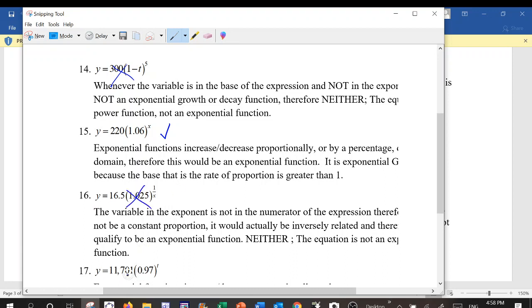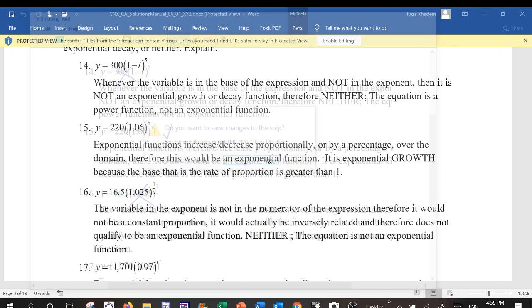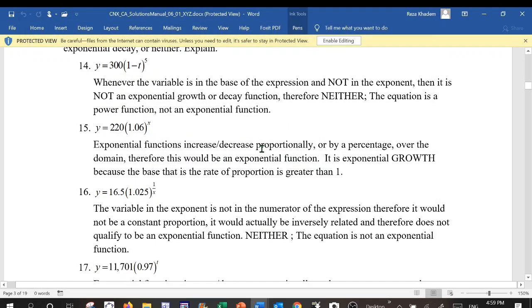Okay, and what about the last one? This one, yes it is, and it's exponential decay because this base is less than 1. So you start with this and keep multiplying by this number, and you get smaller and smaller values, right? All right, so that's the idea of those numbers.